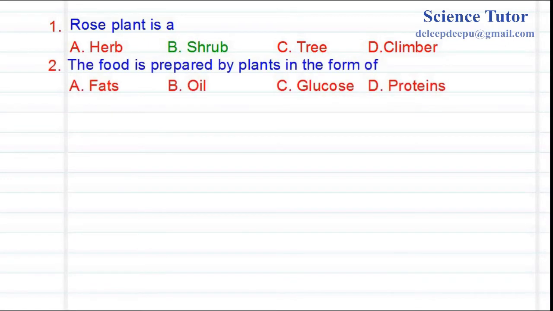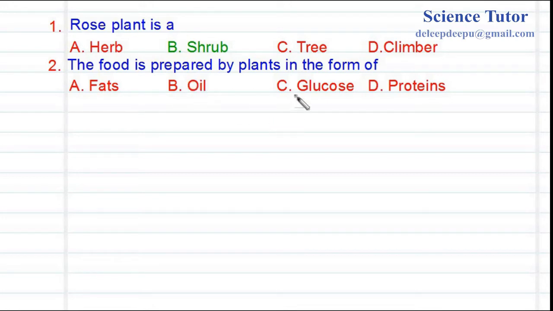Your next question: the food is prepared by plants in the form of fats, oil, glucose, or proteins. So we can think about the first option, that's fats. Actually, fats are energy giving food, and there is no chance here for an answer. And next is the choice oil.